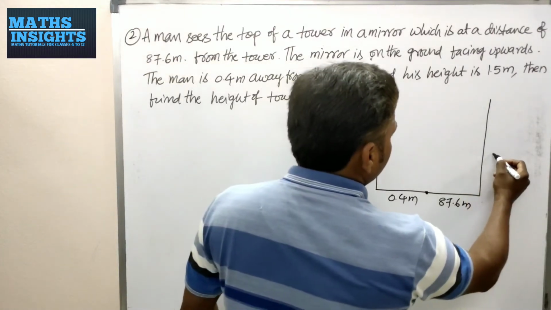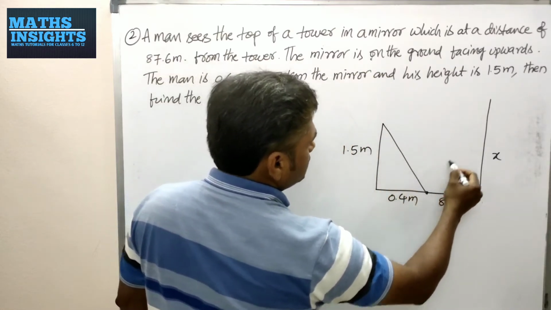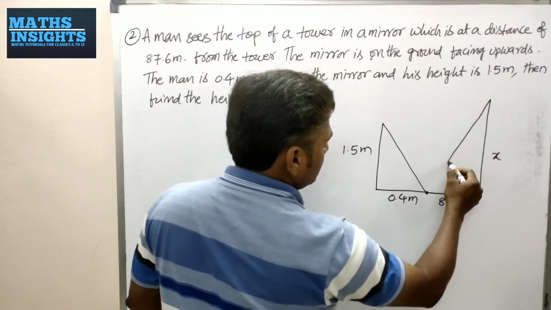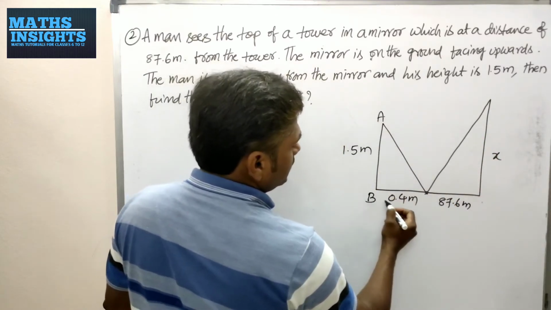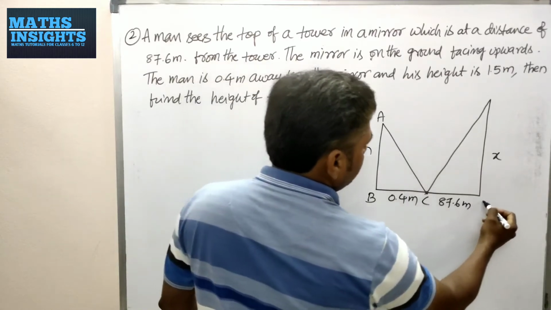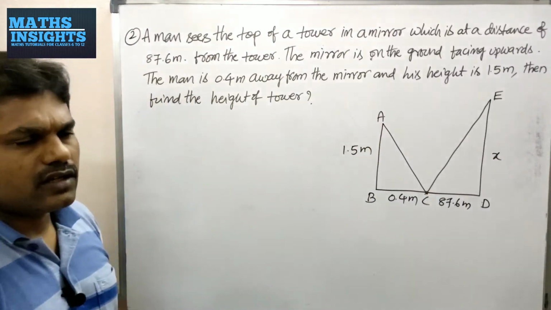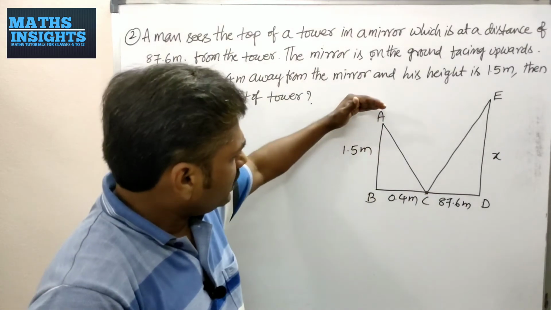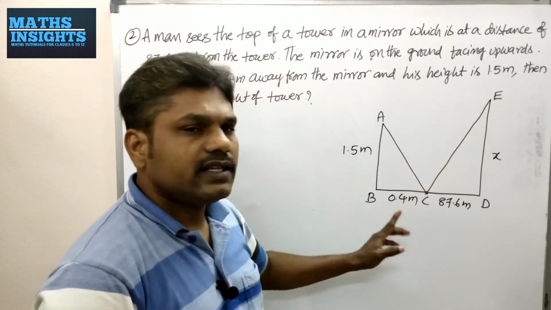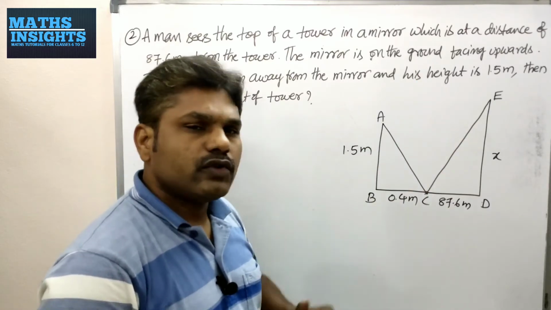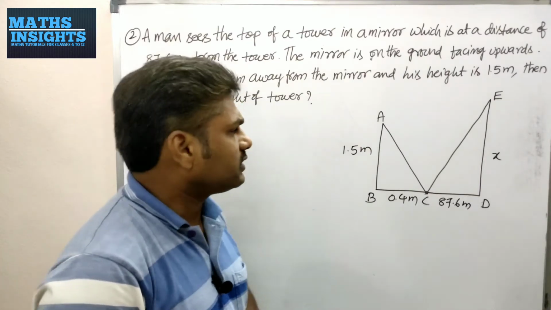Let the height of the tower be x, and we will join this point and this point. Let the points be A, B, C, D and E. In this case, we will prove that triangle ABC is similar to triangle EDC. Then we will use the ratio of corresponding sides. Then we will get the answer.